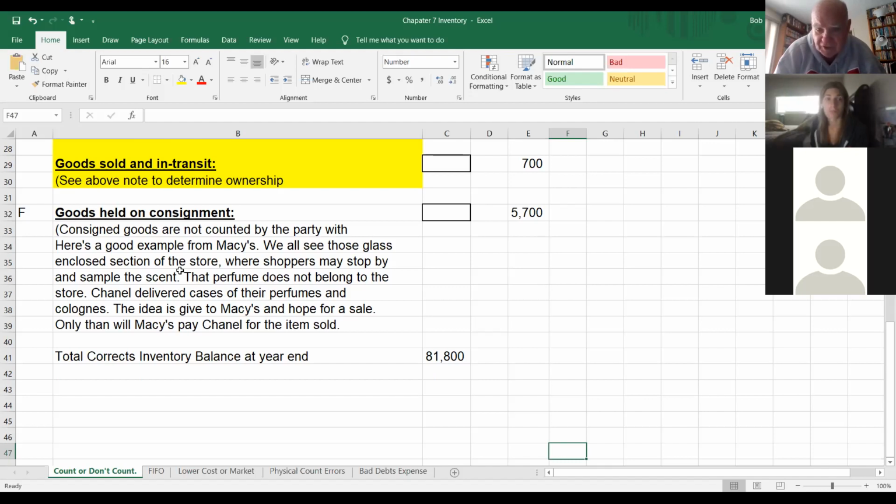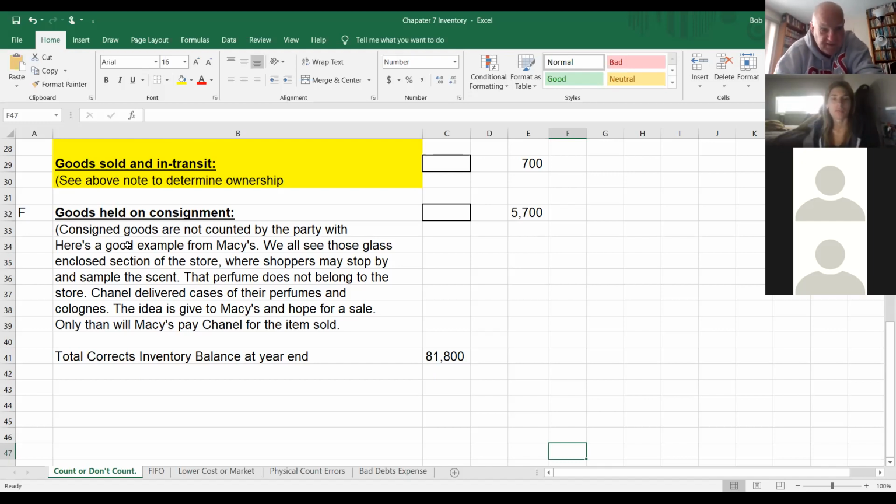If Macy's actually sells one of those bottles for, say, $100, then they buy the bottle from us for $60. A consigned inventory, in other words, is inventory we give to another company in the hopes that they can sell it. And only when they sell it are they obliged to buy it from us, okay?